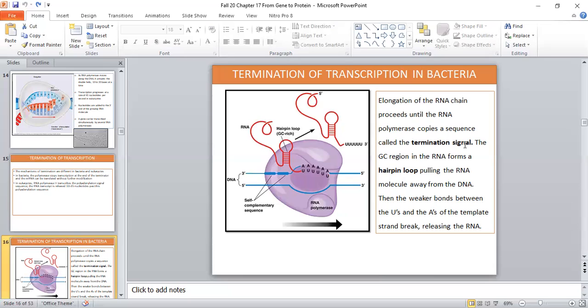What is a termination signal? The GC region in the RNA; wherever the GC is there, it will make a hairpin loop like this. It will pull the RNA molecule away from the DNA, because it was a weaker bond, so it will be pulled out from here.